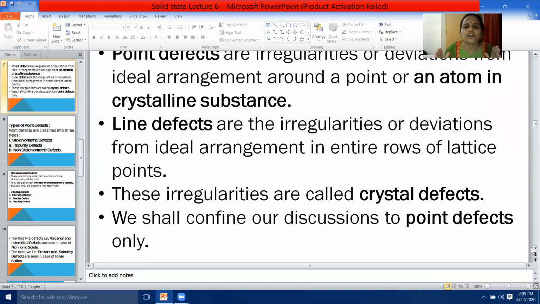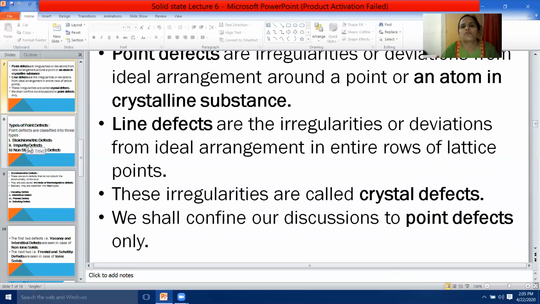Both point defects as well as line defects are also called crystal defects. But we shall confine our discussion to point defects only.